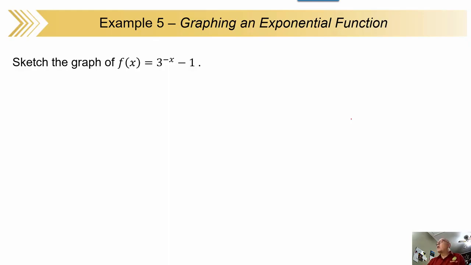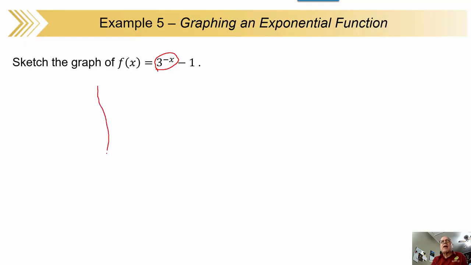Now, if you want to graph this one, what have you got? First of all, start with this. What does that look like? And this will be an adjustment off of the 3 to the minus x.